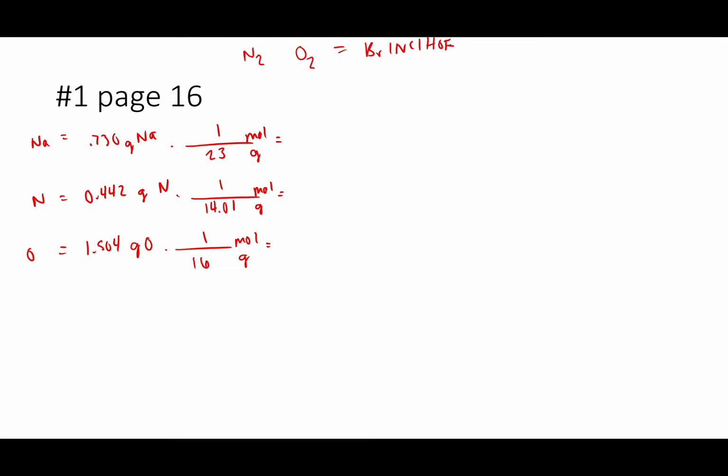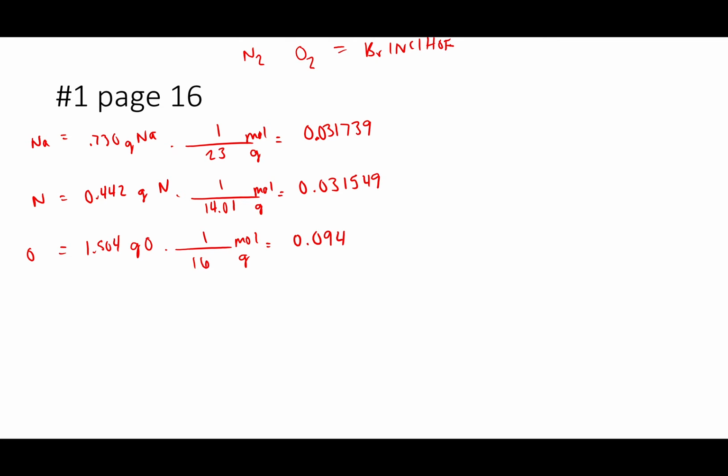Dividing 0.730 by 23 gives me 0.3031739. I'm not rounding, keeping lots of digits. For nitrogen, I get 0.031549. And for oxygen, I get 0.094. That's what the calculator gives me.